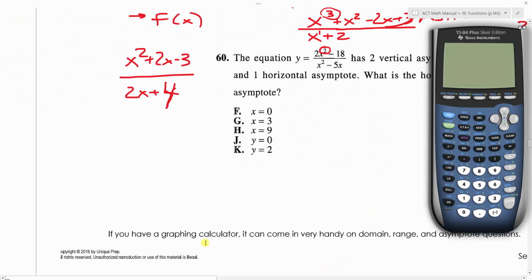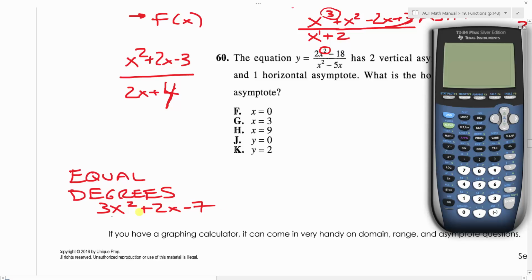And then the final scenario is if you have equal weight or equal degrees. So if you have equal degrees, for instance, let's say you have a quadratic in the numerator, 3x squared plus 2x minus 7, and let's say you have another quadratic in the denominator, 4x squared minus 10.